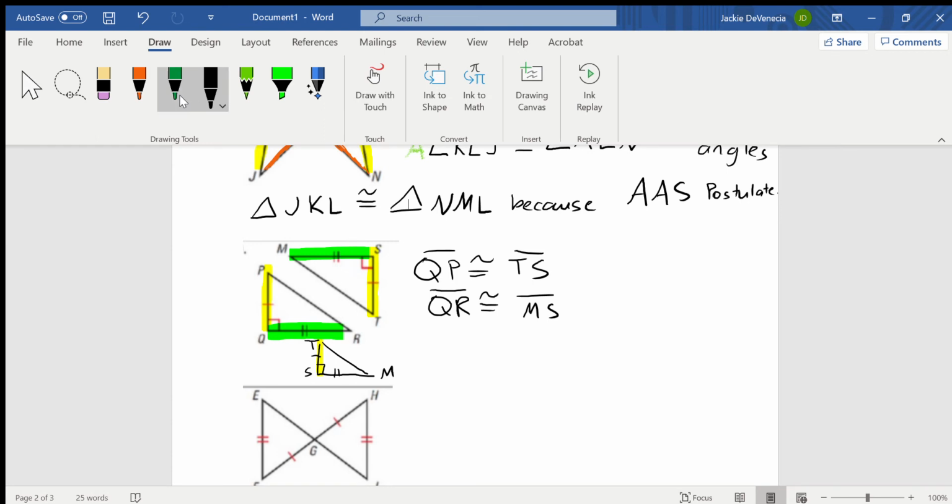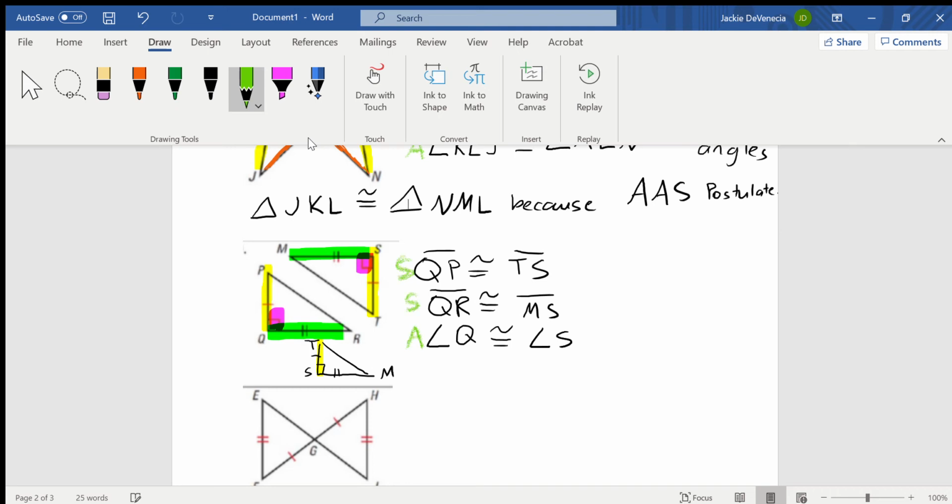And then over here in the middle, we have that angle Q and S. They both have that mark. They're both right angles, so we can say that they are congruent. So angle Q matches with angle S, right? So over here we have a side, a side, and then we have an angle.